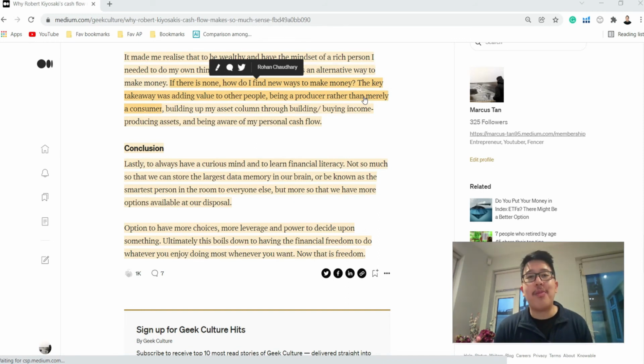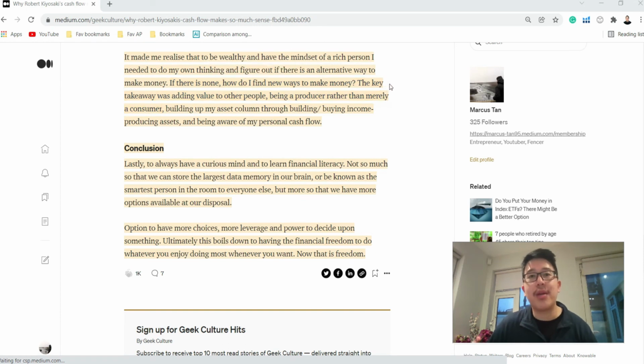So when you add value to people, when you produce something of value, when you can help people, that inevitably puts you in a favorable position because you're producing value to people. That's how you earn money, because you're contributing, you're helping people, and people are able to benefit from what you're providing them.